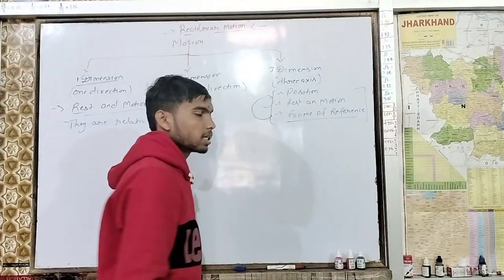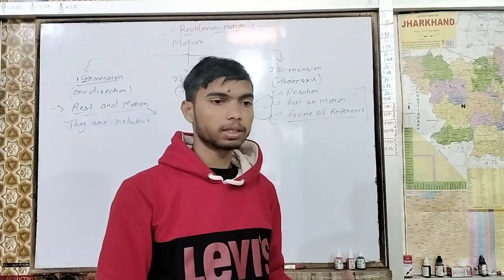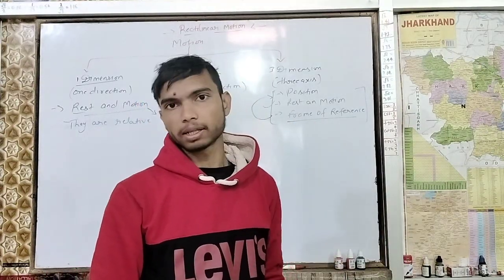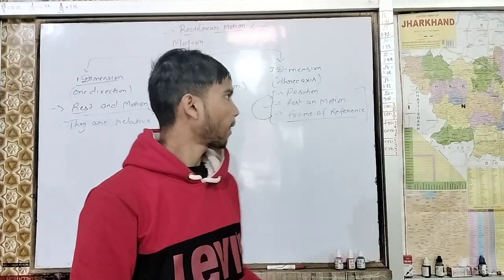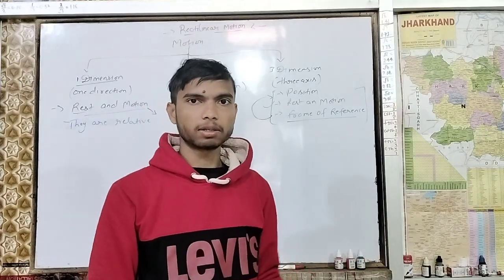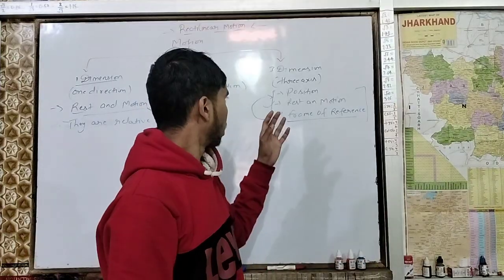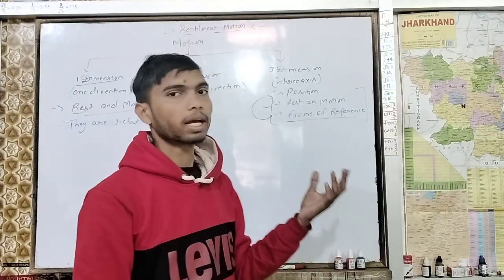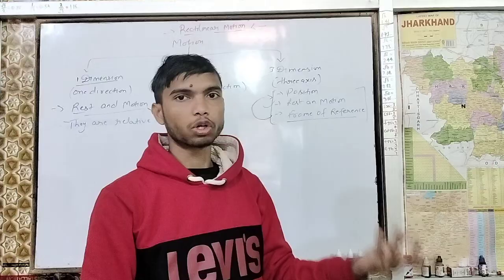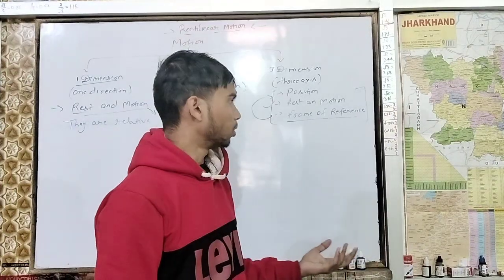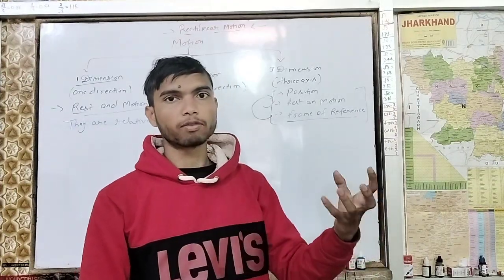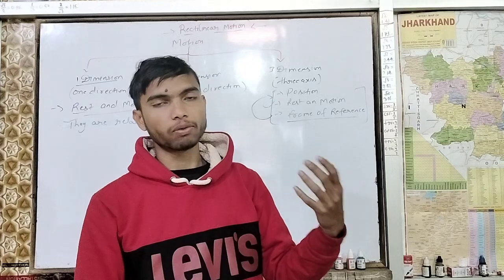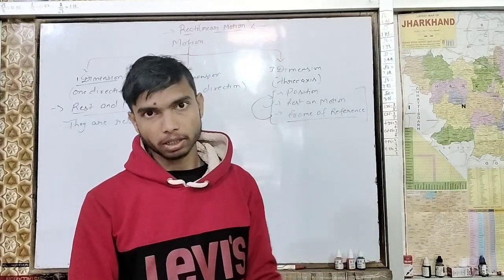This reference can be an object, a non-living thing or a living thing, it doesn't matter. Whatever we take as a reference point will be valid. And we take a frame of reference so that we can tell the position of anything. During this lecture we will see the position of a point, a particle, a vehicle, an object.